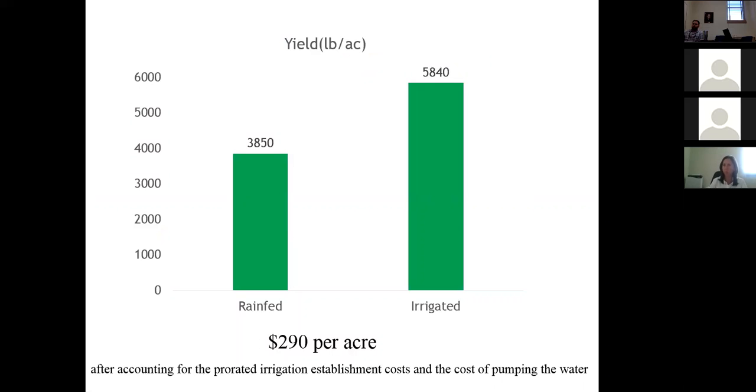So we have a difference of about 2,000 pounds per acre, and we made our calculation, and after accounting for the irrigation establishment cost and the cost of pumping the water, the net gain will be $290 per acre compared to dry land last year.